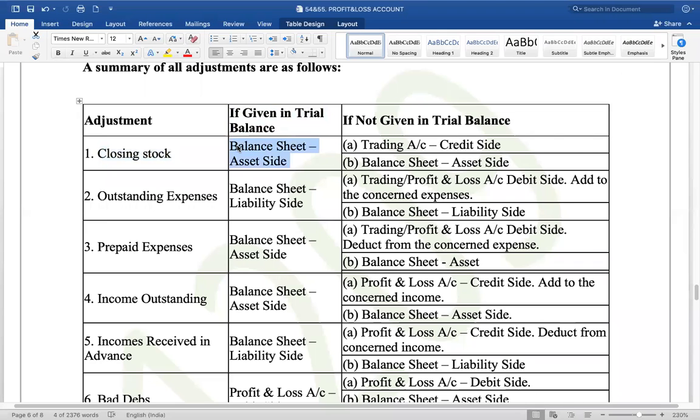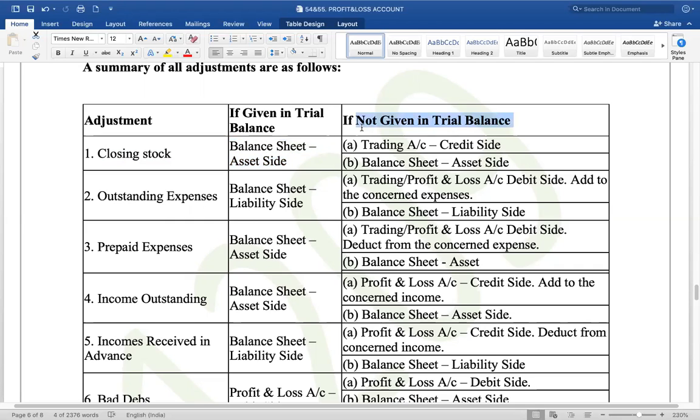You will take it in the balance sheet asset side as stock. In the balance sheet, remember, only closing stock is taken, not the opening. Because when you're preparing the balance sheet, you prepare it on the last day of the accounting period. So whatever stock is available on the last day, that stock you take. Therefore, it is closing stock.